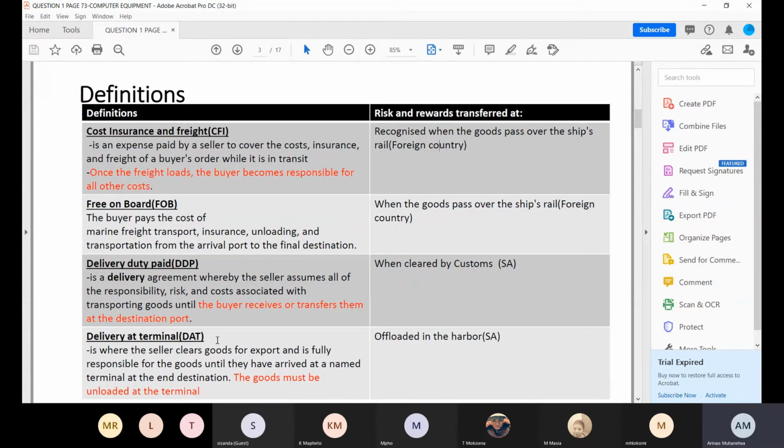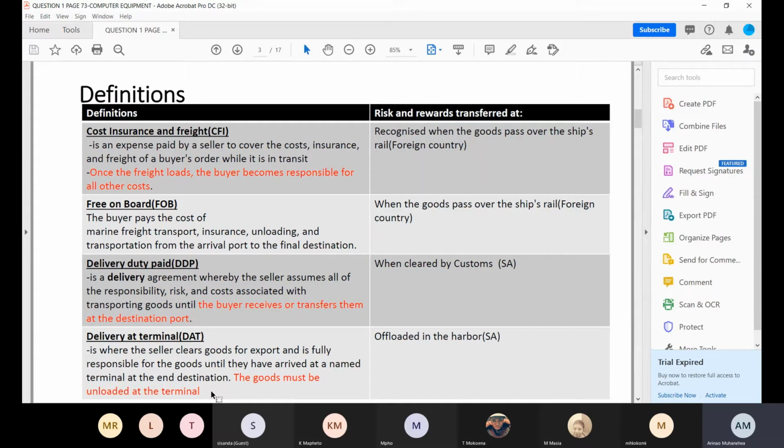The last one is delivery at a terminal. This is where the seller clears goods for export and is fully responsible for the goods until they have arrived at the named terminal at the end destination. So the goods must be unloaded at the terminal. This is very important.